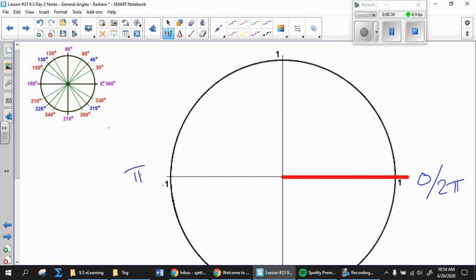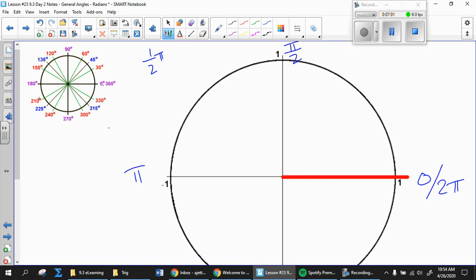If half of this circle, this hemisphere up here, is pi, and I break that in half, this here has to be pi over 2. Remember, pi over 2 is the same thing as 1/2 pi. If it's easier for you to think about how much of the pi it is, this is 1/2 pi, this here is 1 pi, this is 2 pi.